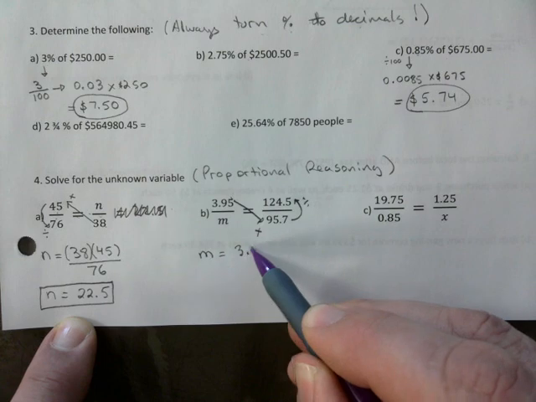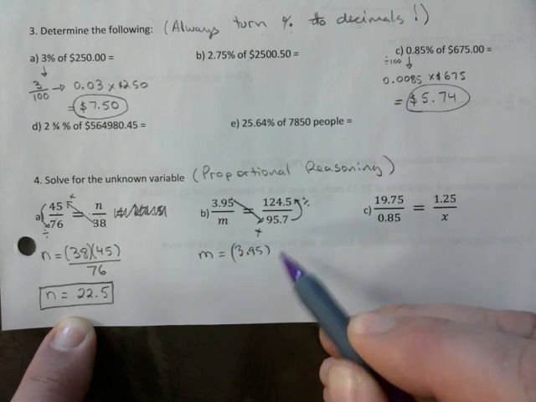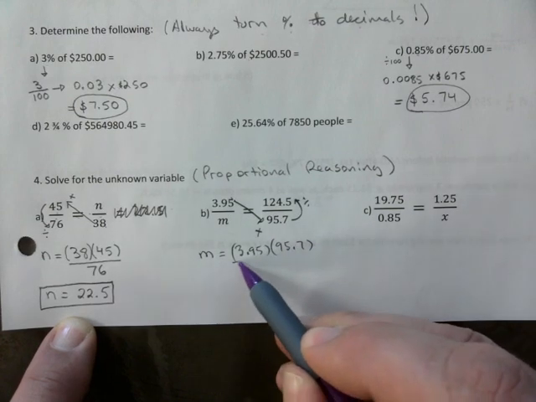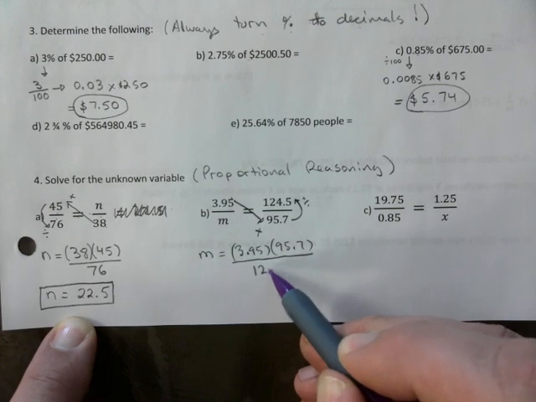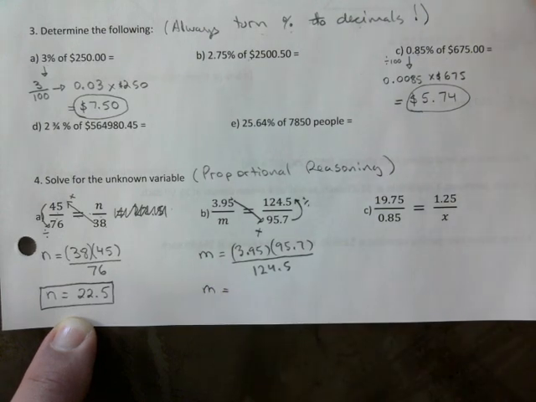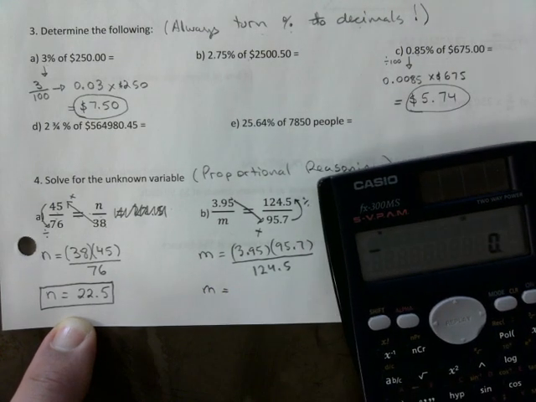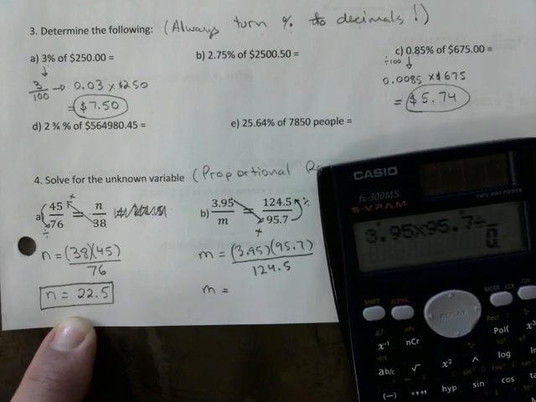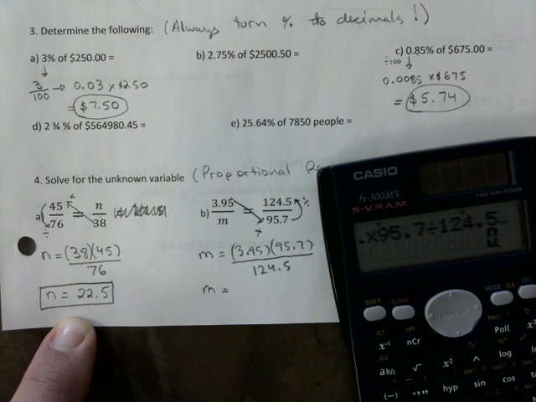So 3.95 times 95.7. You don't need to use brackets if maybe brackets haven't been good to you in the past. That's okay.